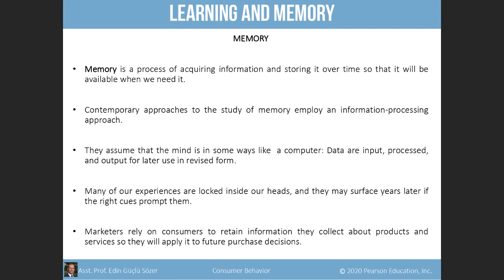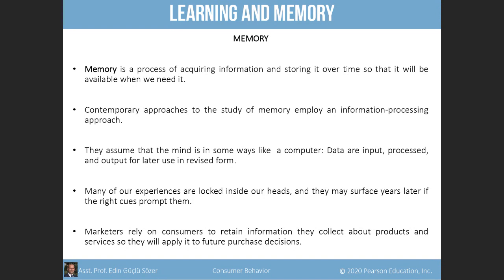In this respect, we should understand what memory is, how it works, and its relation with marketing, how marketing people can use the process of memory to get an advantage in their communications. This is the main topic that we are going to analyze.